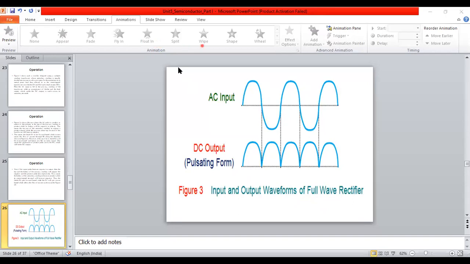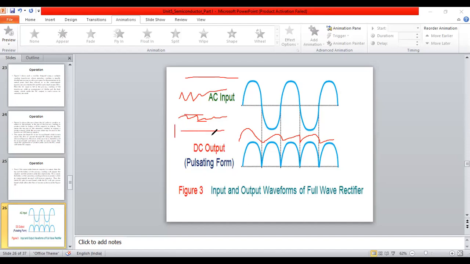The actual AC we have to get like this, but by adding some filters it may come like this, the DC. So there will be maximum and minimum values of the DC, with some variation.